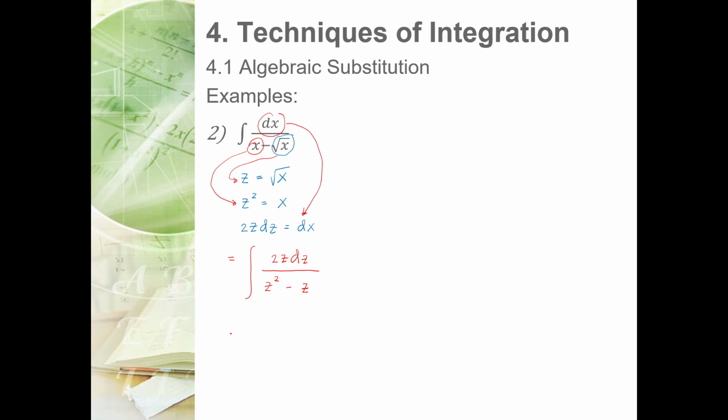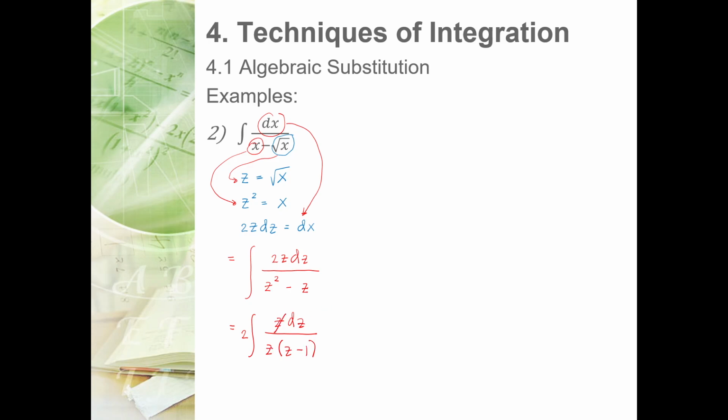Next we simplify the terms inside the integral symbol, the integrand. So factoring out 2, this becomes z dz all over. We can factor out z so that we can cancel it out with the numerator. So z minus 1.